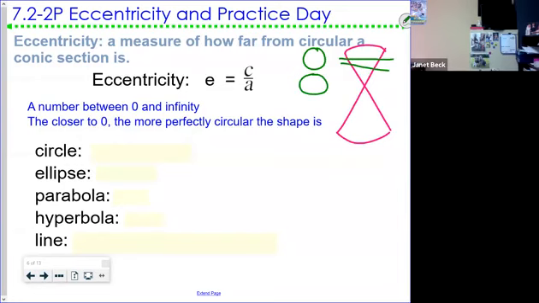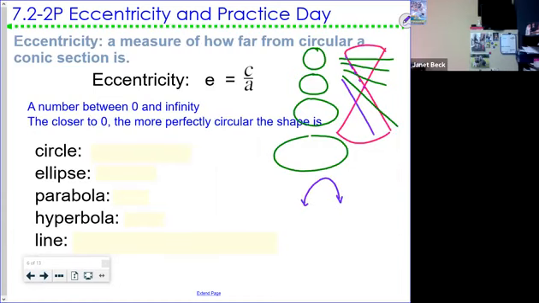If we cut it at a steeper angle, that circle would be more and more distorted. If you cut it at a really steep angle, we'd get something that was way off being circular. And if you cut it exactly parallel to this edge, you'd actually get a parabola. We haven't gone on to ellipses yet.